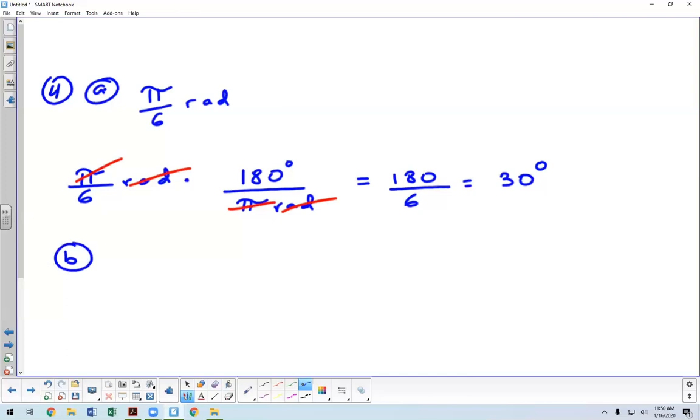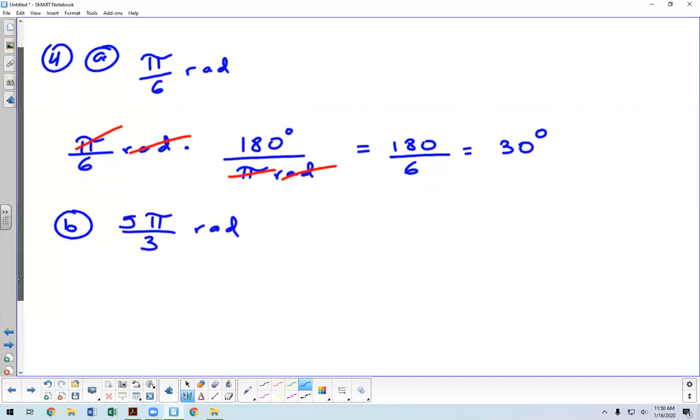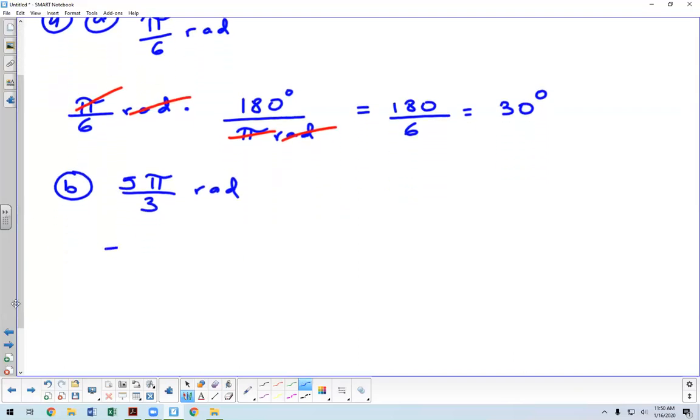And our part B was 5 pi over 3. What does that come out to be? 300 degrees. So again, 180 degrees on the top, pi on the bottom.